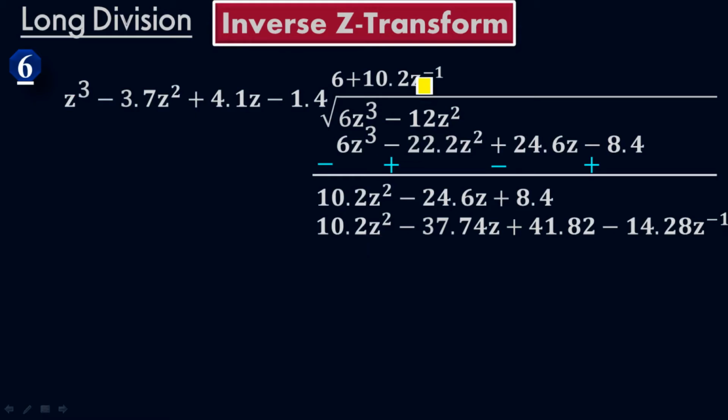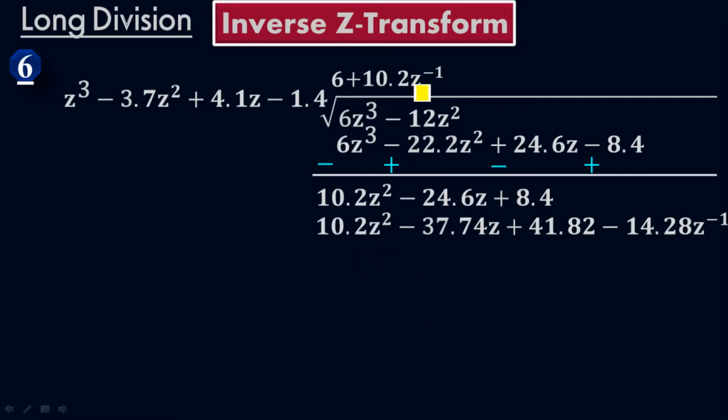Because can I write z to the negative 1 equals 1 over z? When I write that, the z cancels with the z here, so I am left only with z squared. I will get 10.2 over z, and taking the product of 10.2 over z with z cubed, you will get 10.2z squared.